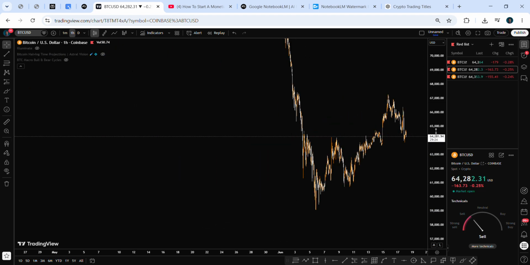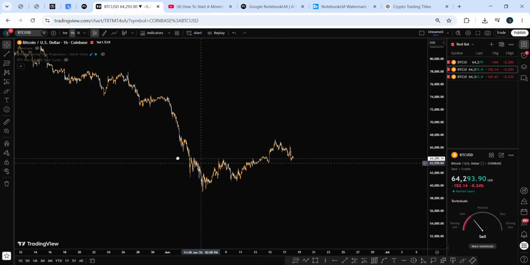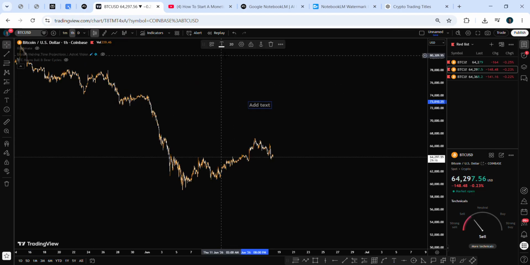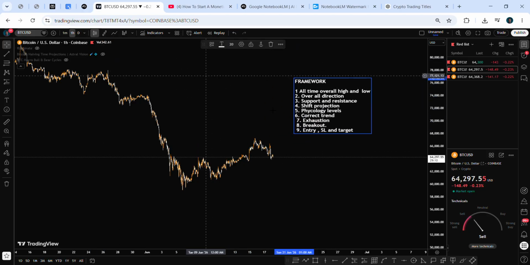So my process is very simple. Let me put that out for you. You see the process. It's the same thing over and over again. BTCUSD. Number one, I have all-time overall high and low. Number two, I have overall direction. Number three, I have support and resistance.